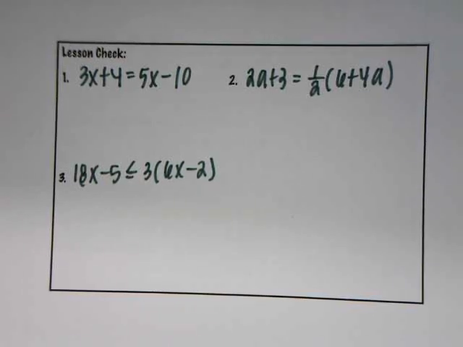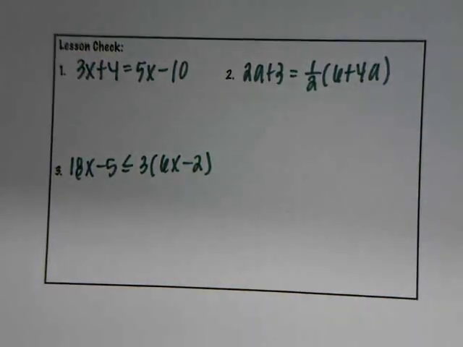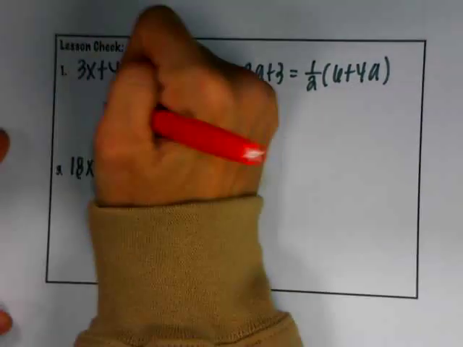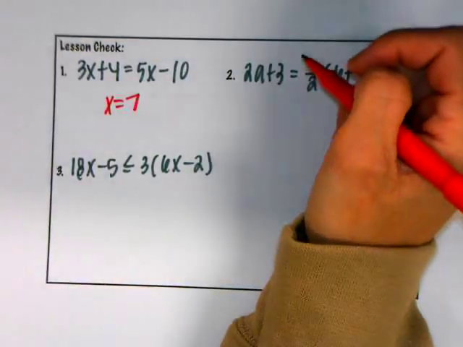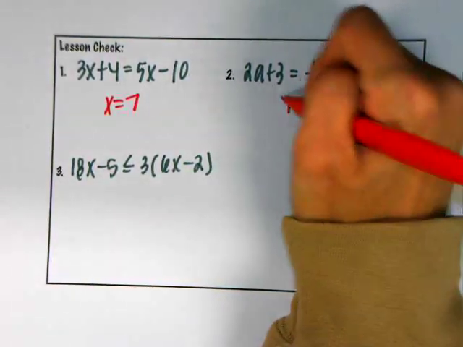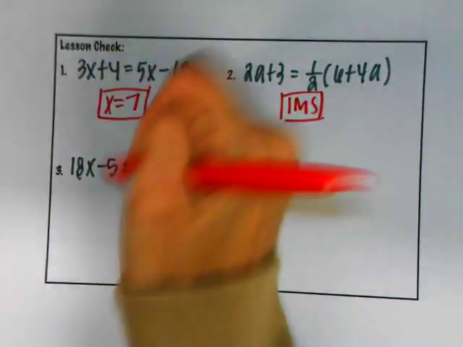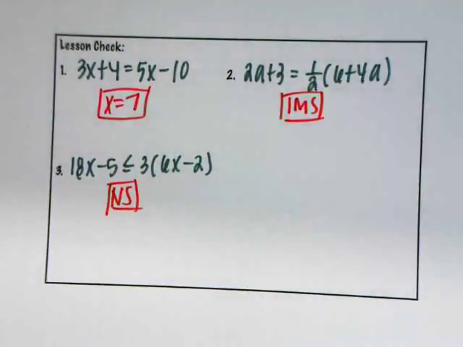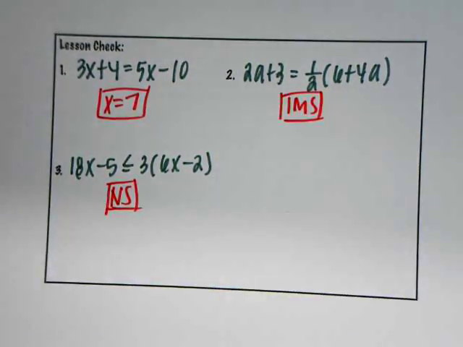Ready for answers? First one, x equals 7. Then infinitely many solutions. And then no solution. Good?